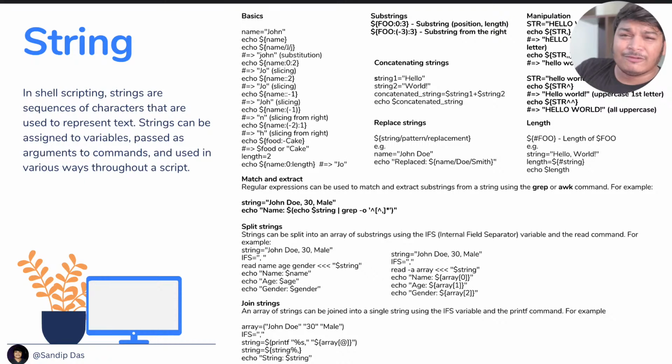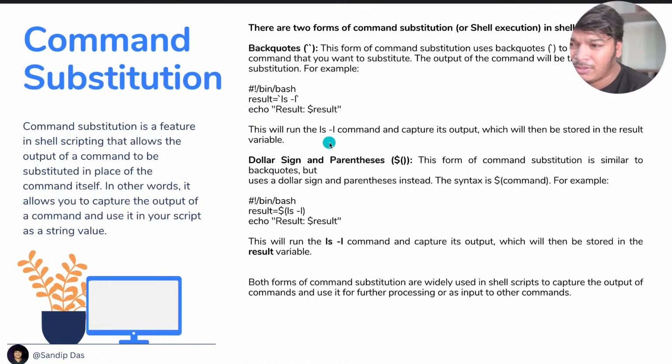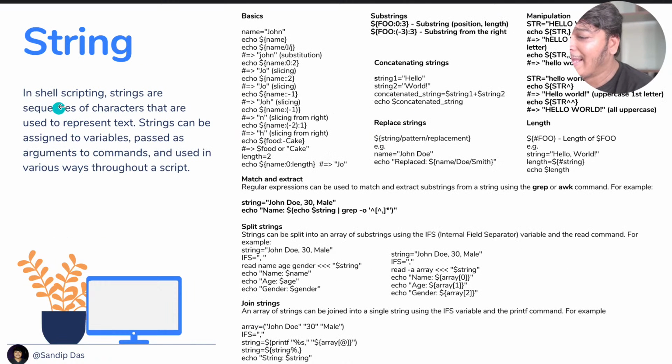Here, I'll just go through the definition a bit, and then some operations that you should be very careful with. Okay. So in shell scripting, strings are sequences of characters that are used to represent text. Strings can be assigned to variables, passed as arguments to commands, and used in various ways in a script, or just for showing output. Okay.